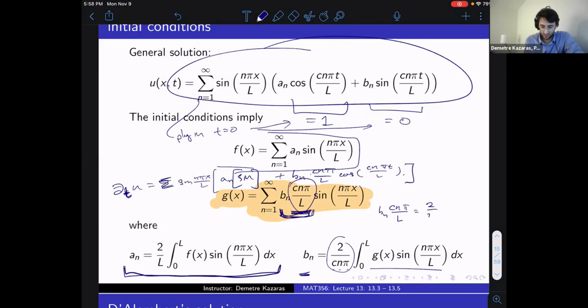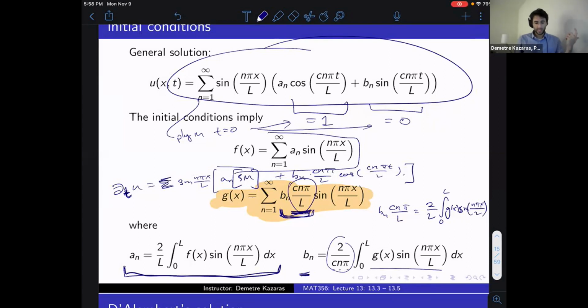So that should be 2 over L times the integral from 0 to L of g of x sine of n pi x over L dx. Not enough room for the dx. So that's what that should be. And then when you solve for bn, you get this formula. It looks slightly different, and that's just because it comes from taking the derivative.